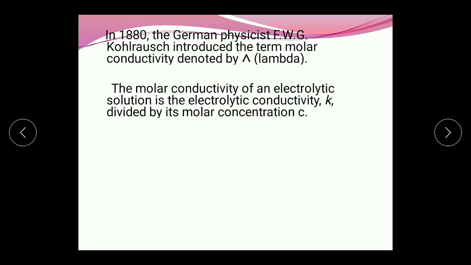The molar conductivity of an electrolytic solution is the electrolytic conductivity K divided by its molar concentration. That means to find the molar conductivity, we have to divide electrolytic conductivity K by C, the molar concentration. Now we got the equation: lambda is equal to conductivity K divided by concentration C.